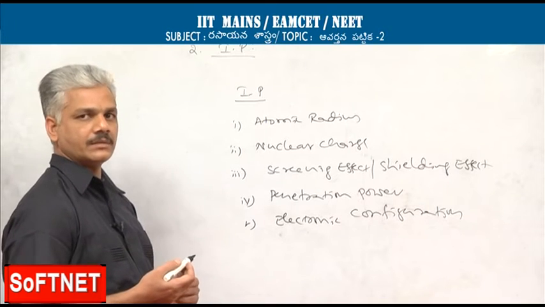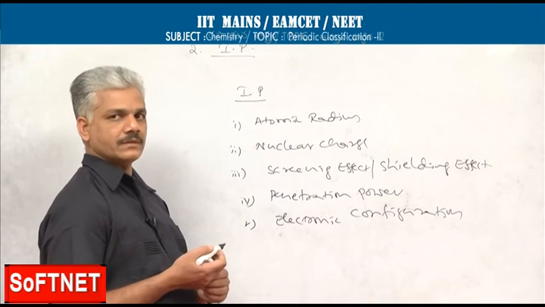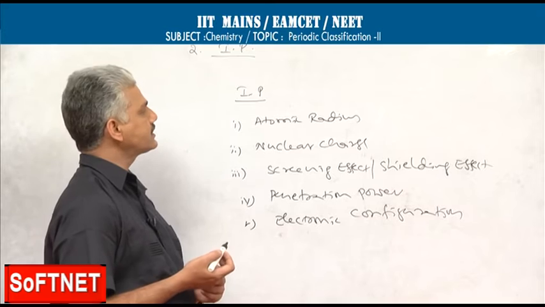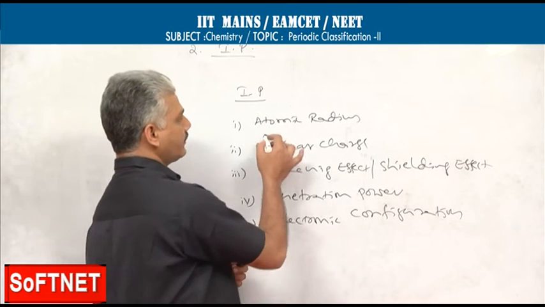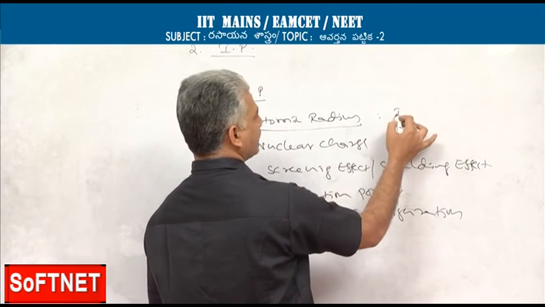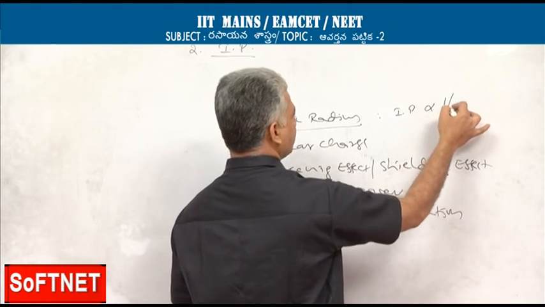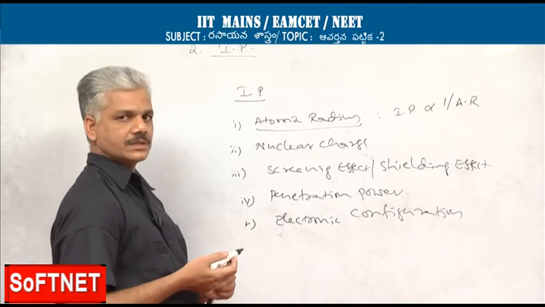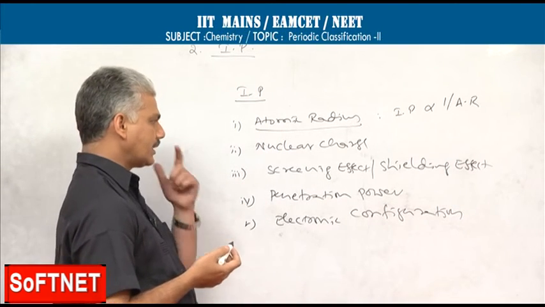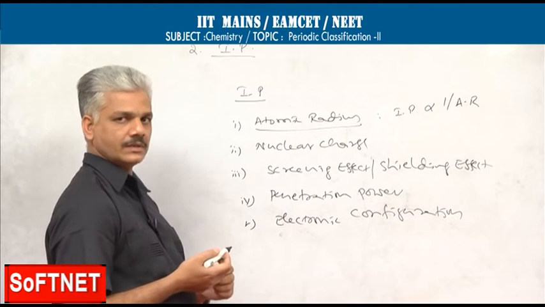With increase in atomic radius, nuclear force of attraction decreases and hence ionization potential value also decreases. Therefore, atomic radius and ionization potential are inversely proportional to each other. Nuclear charge corresponds to the number of protons present inside the nucleus.